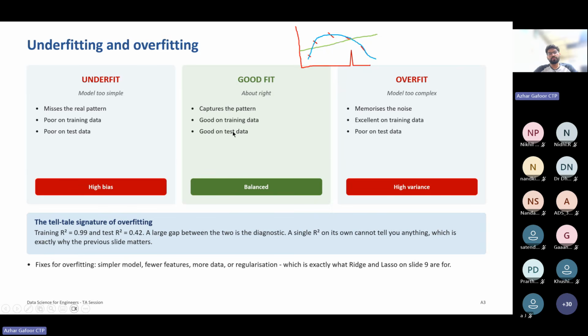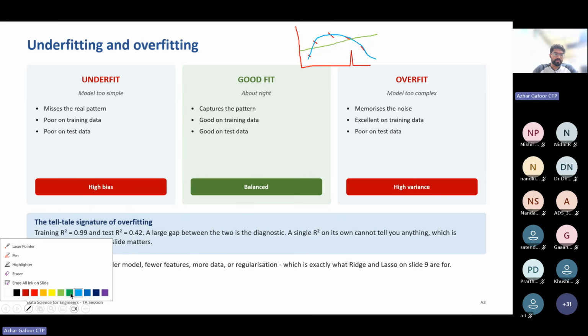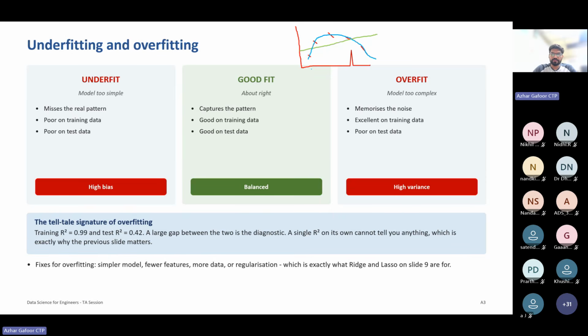So these are two cases that happen whenever we build a model. Now say we again try to increase the complexity of the model. Let's say our data had some points like here, here, here, here, and here.